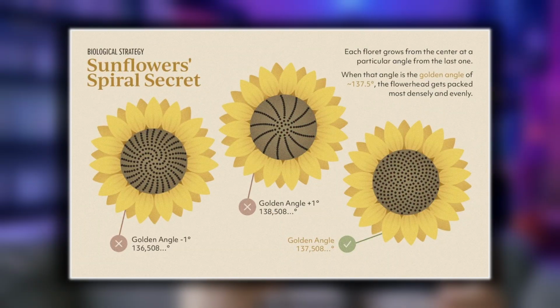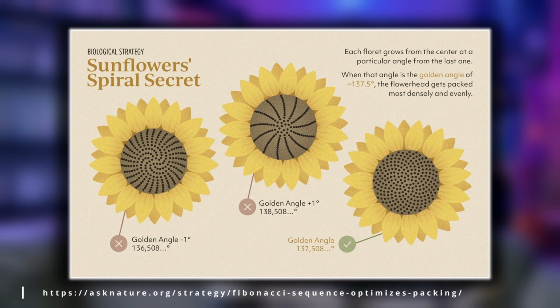This highly specific irrational rotation ensures the seeds never stack up in straight, inefficient rows. Instead, they form those tightly packed interlocking spirals. It is essentially a biological rendering engine using 1.618 to calculate maximum density without wasting a single pixel of space.